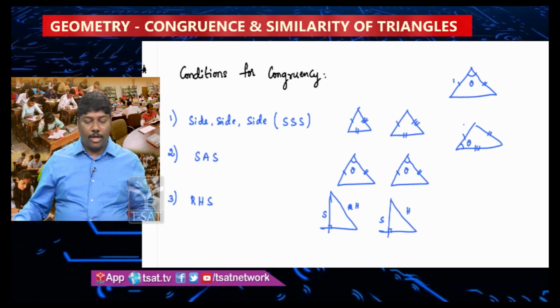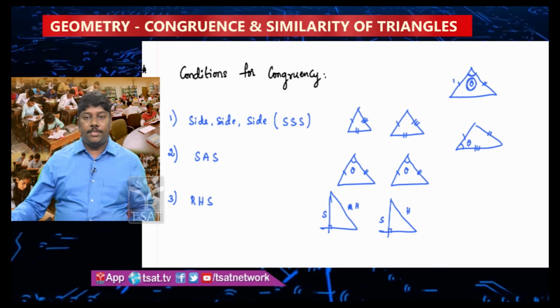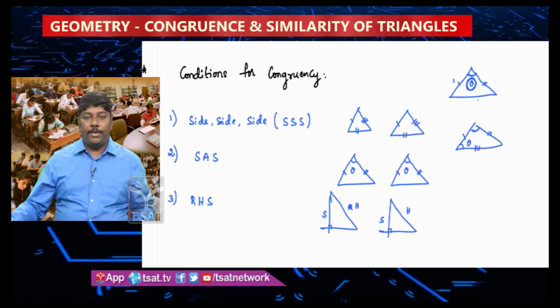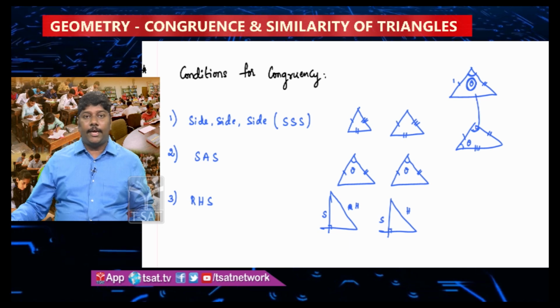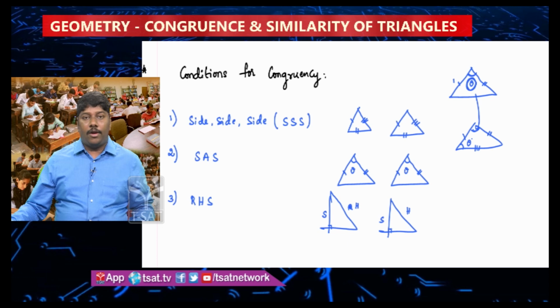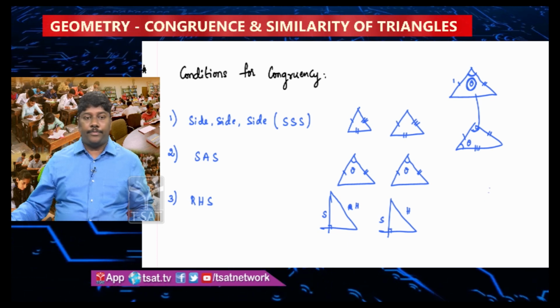Here two sides are equal, but their respective angle is not equal. This is in between 1 and 2, this is in between 1 and 3. So, here I want this angle to be equal to theta, not the angle which is in between 1 and 3. So, make sure the corresponding or respective angle must be equal in case of SAS.